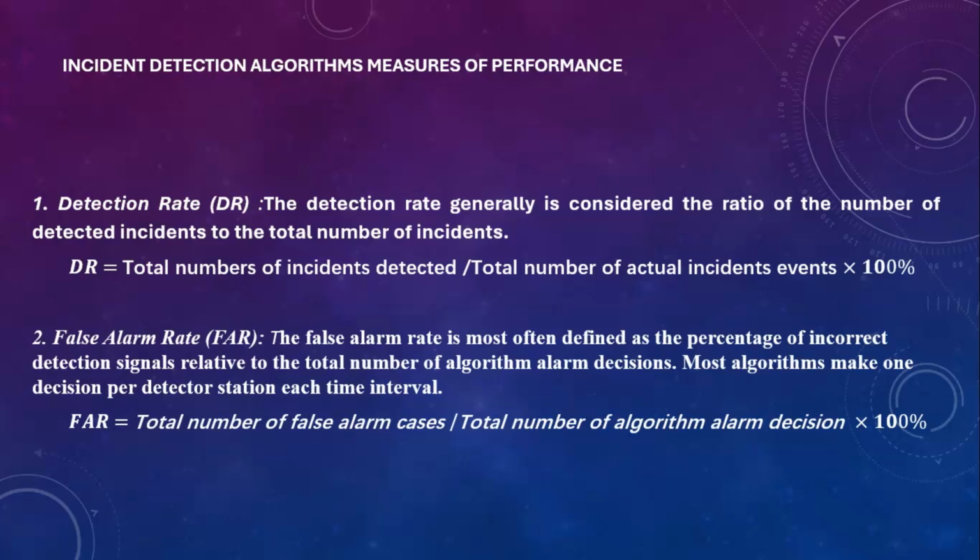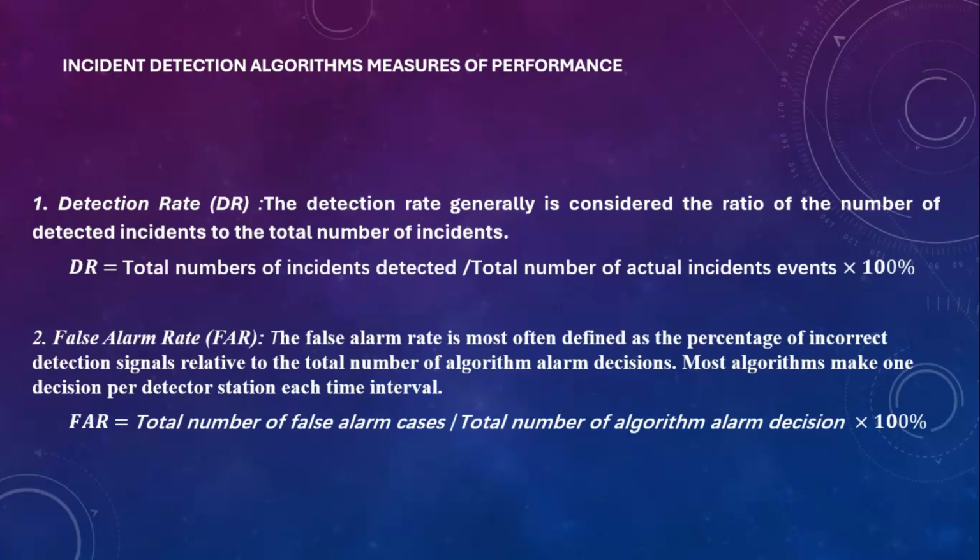For example, if the total number of incidents that happen on the road is 50, but the algorithm or that particular method was able to detect 30 out of the 50, that means that particular algorithm is only able to detect 60% of the incidents that happen on the road.